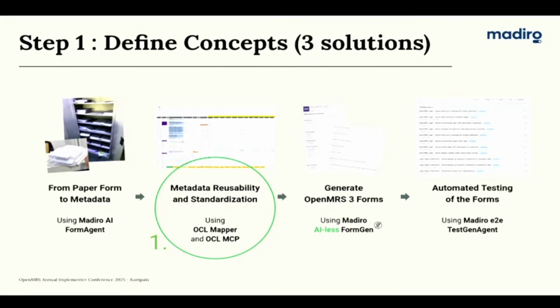So here, in our case, we use spreadsheets. And then generate your forms. And then the last step being making sure that your forms are working well. So building a form is one thing. Making sure that it's not broken is another one. And so testing it on desktop, mobile, with the new version of OpenMRS, the new version of the form builder is quite challenging. So it's a step that we wanted to consider from the beginning.